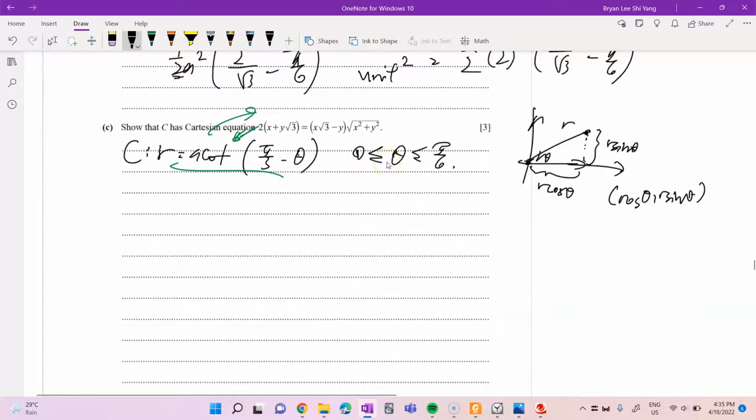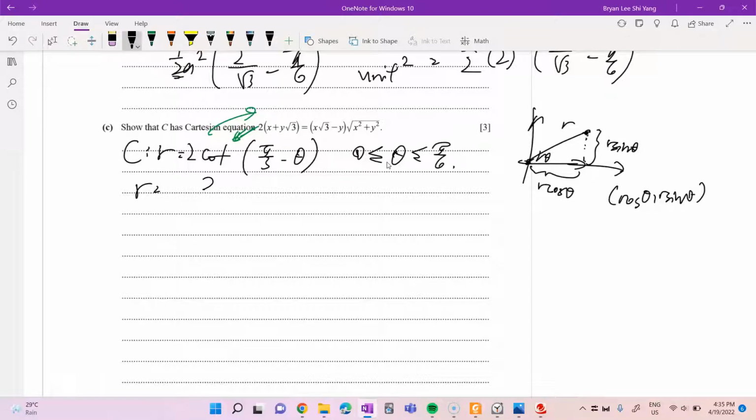Okay, so r equals 2 cotangent this whole thing. Let me try proving from left to right.